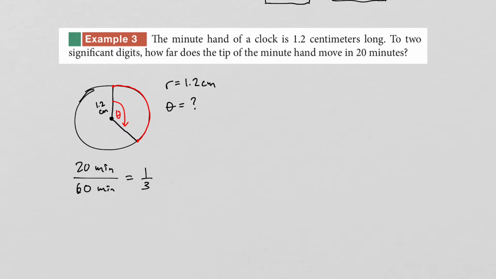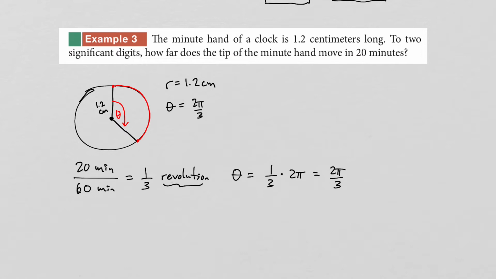So on a clock, 20 minutes out of 60 minutes is 1/3 of a revolution. So the angle associated with that is going to be 1/3 times the angle value of one revolution. Well, one revolution is 2 pi. So 1/3 times 2 pi is 2 pi over 3. So that's the angle we need to use here.